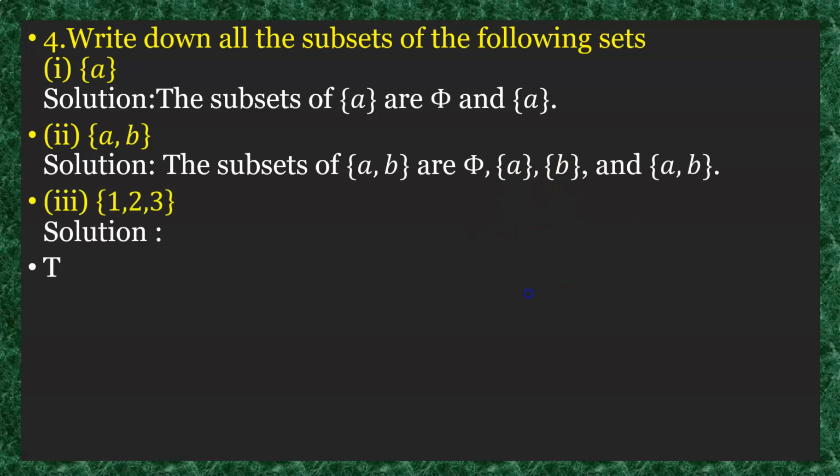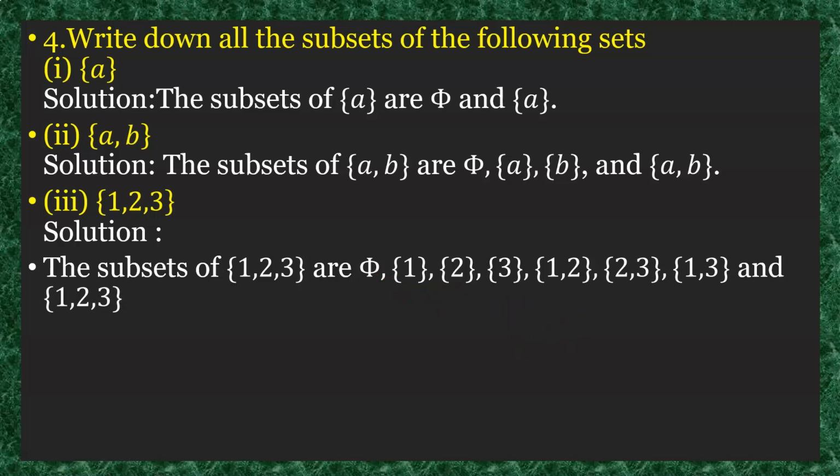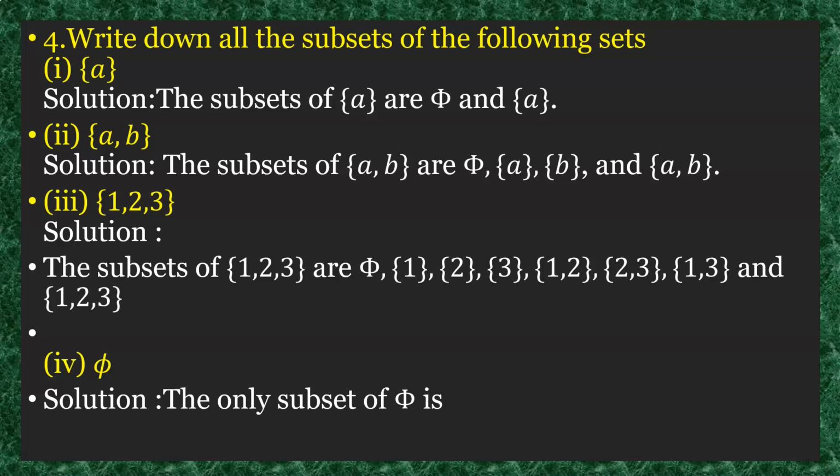Next is {1, 2, 3}. Again, that's very simple. The subsets of {1, 2, 3} are phi, {1}, {2}, {3}, {1, 2}, {2, 3}, {1, 3} and {1, 2, 3}. So, fourth is phi. The only subset of phi is phi.